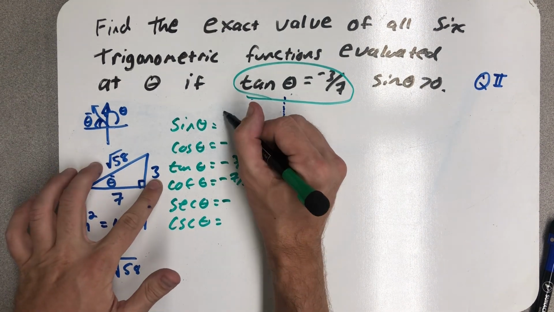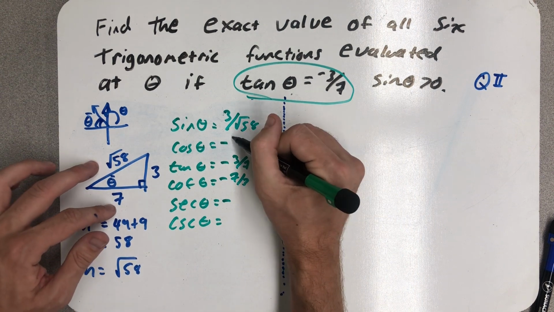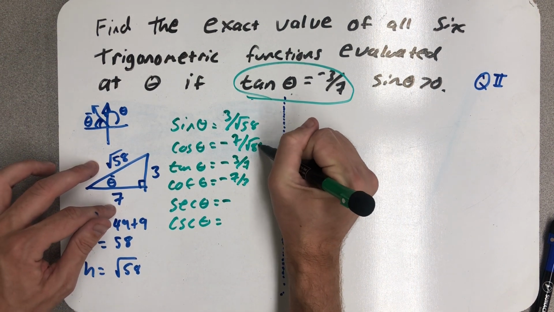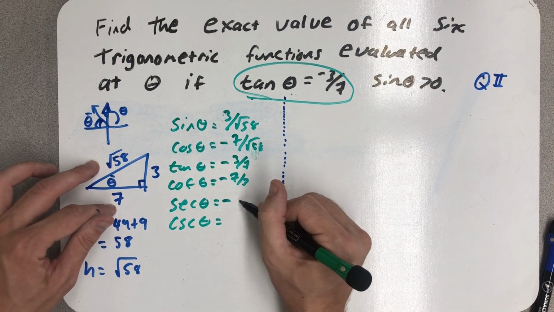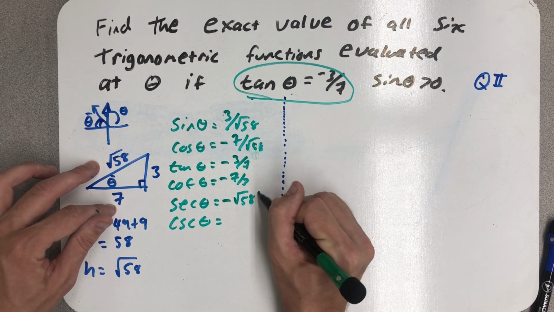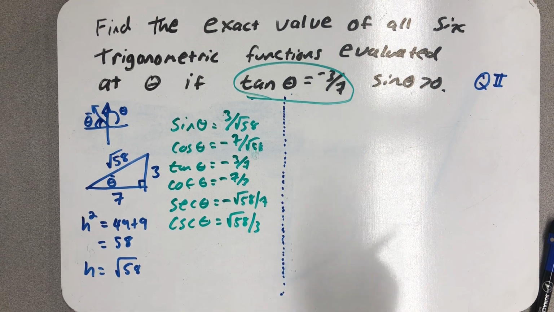Sine is the opposite over the hypotenuse. Cosine is the adjacent over the hypotenuse. And now all I have to do is take some reciprocals. And there I have it, the exact values of all 6 trigonometric functions evaluated at theta.